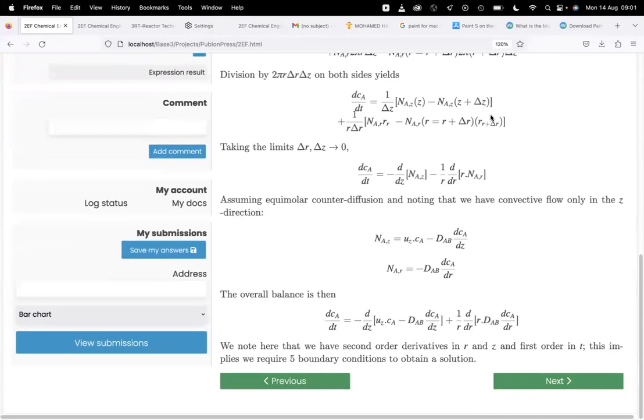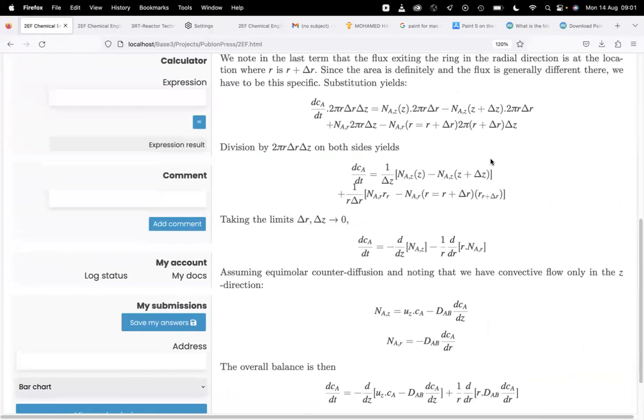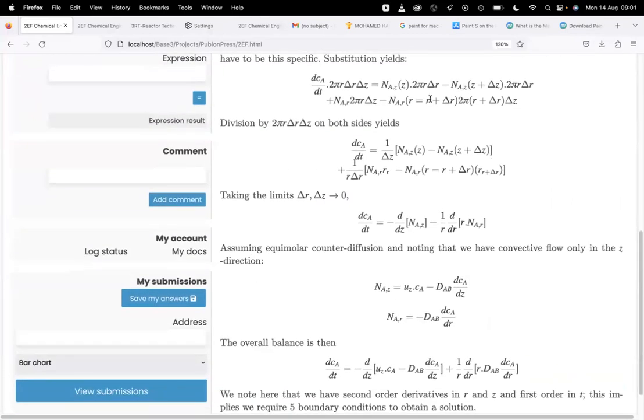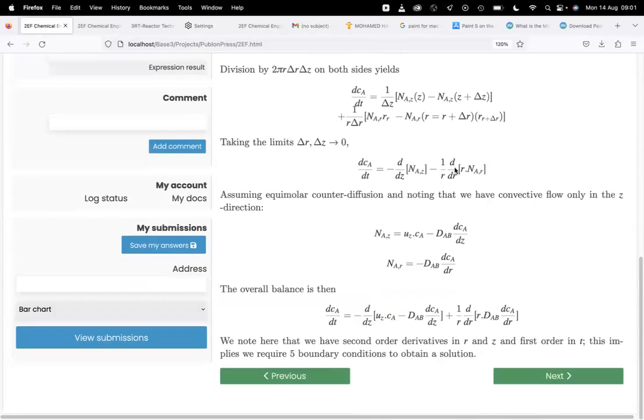So we can't cancel that R. We can still say this is a function NA times R, and this is a function NA times R. So when we write it, we can write it that way. This is NA times R, it's a different R, and this is NA at R. So those are those two terms.